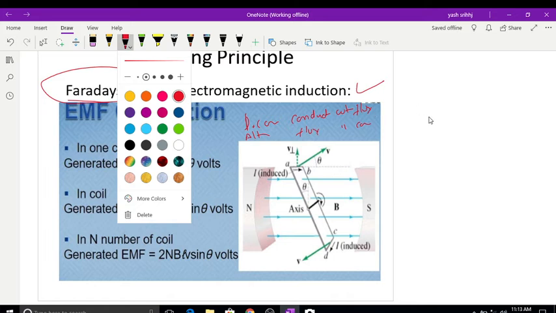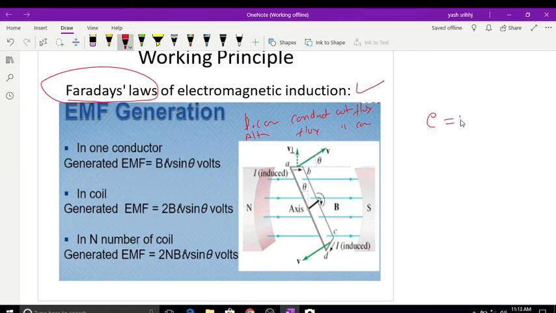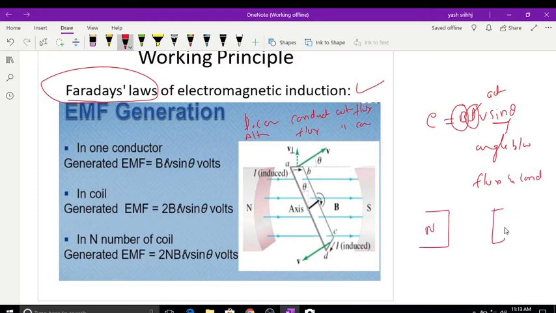Also the induced EMF, E is equal to B L V sine theta, where theta is the angle between flux and conductor. You can see this is flux, and L is the length of the conductor, the active length of the conductor. For example, this is north pole and this is south pole.